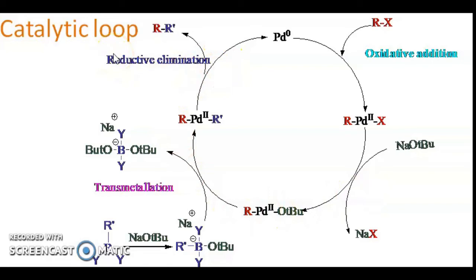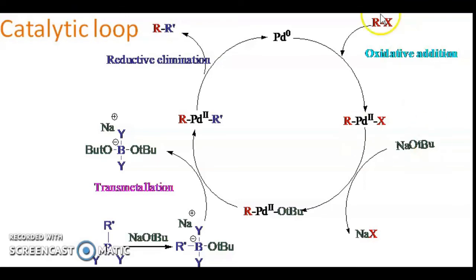So in the case of vinyl halide, always we will get a retained product, and in case of allylic and benzylic halide, we get an inverted product. Also, the reductive elimination depends on the strength of the carbon-carbon bond formed. If the carbon-carbon bond formed is stronger, faster will be the reductive elimination, and so biaryl coupling will be faster than aryl-alkyl coupling and alkyl-alkyl coupling.